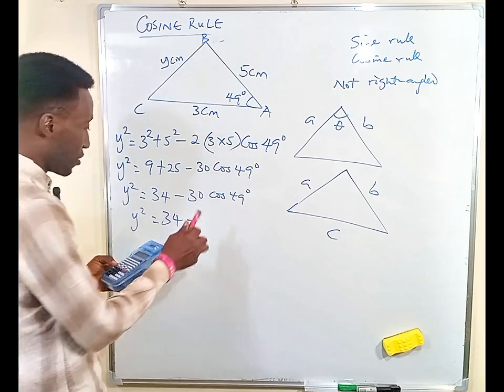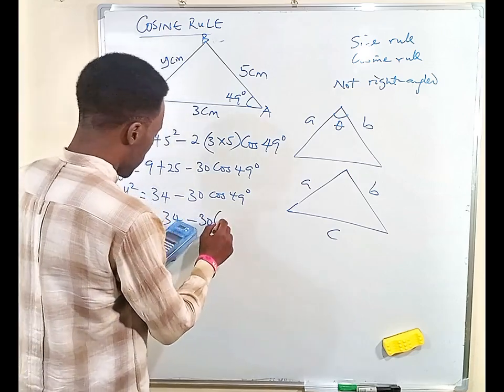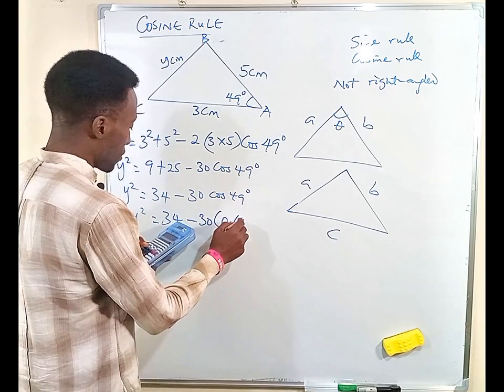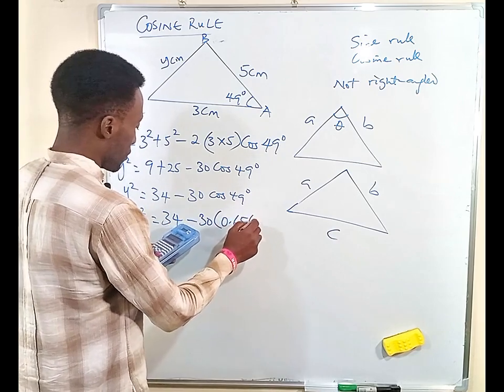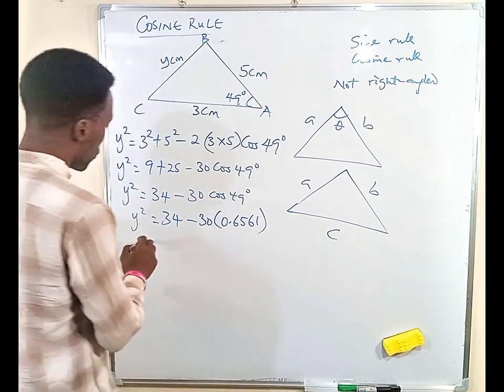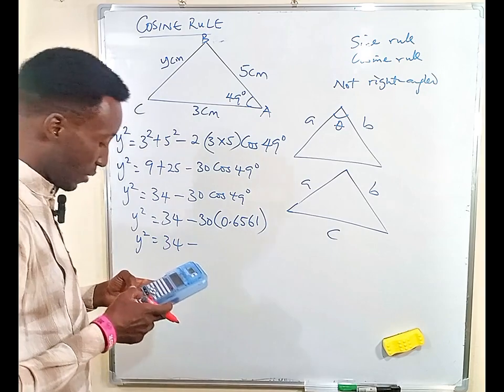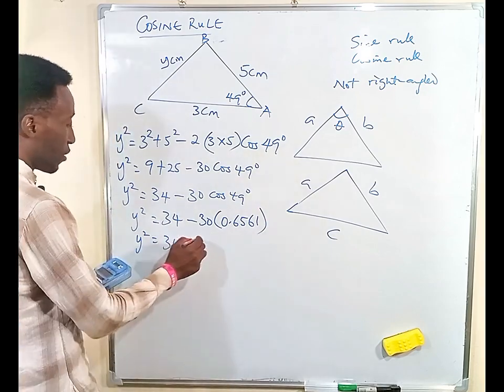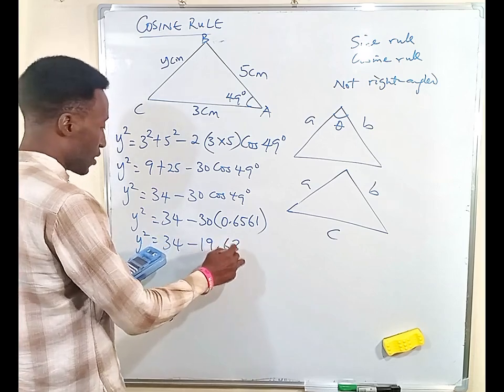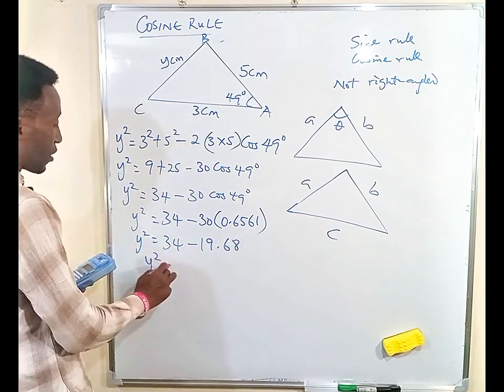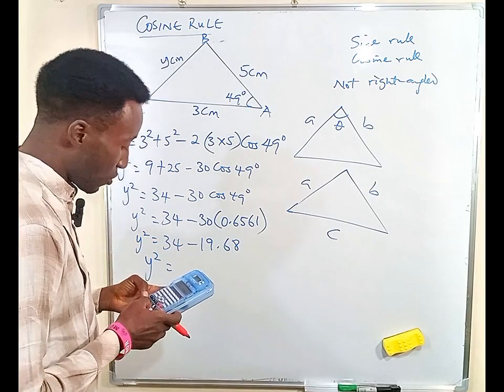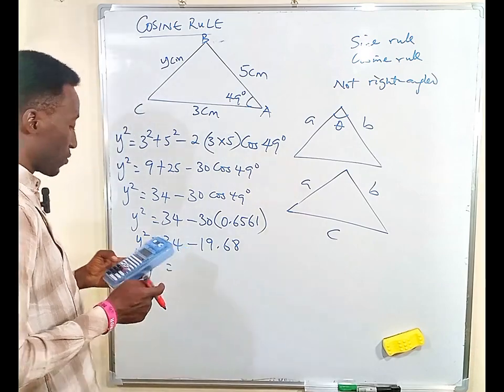Cos 49 gives me 0.6561. So y square is equal to 34 minus, multiplied by 30, I have 19.68.